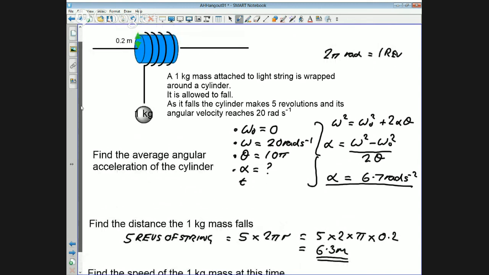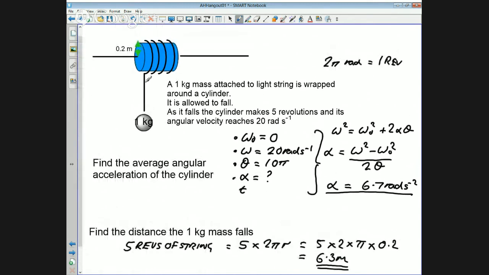Well, if we know the angular velocity at that particular point, which we've just been told is 20 radians per second, then if we use the relationship, which we often maybe forget, v equals omega r, we know the speed at that particular point.